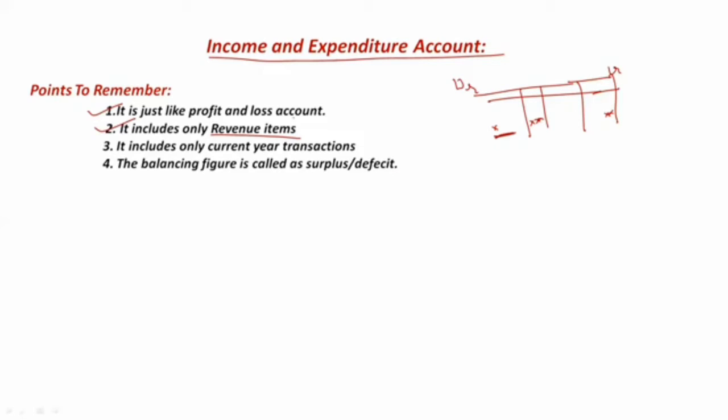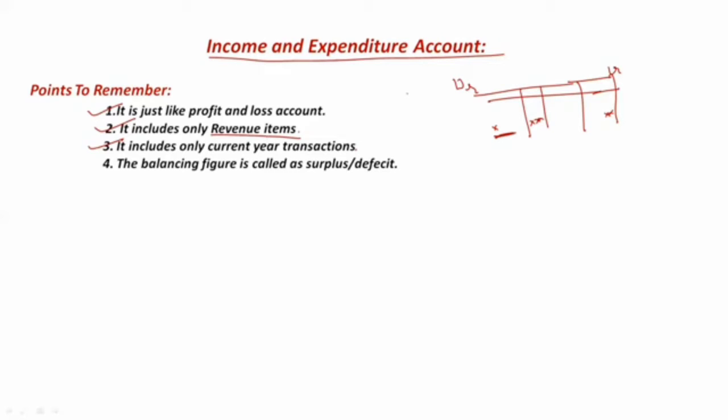Third point is again very important. It includes only current year transactions. If you remember, while preparing receipts and payments account, I told you that all the items from every year are taken. I told you that when you prepare income and expenditure account, you will come to know the difference. Now here is the difference: it includes only current year transactions.